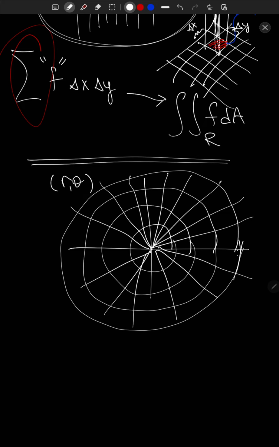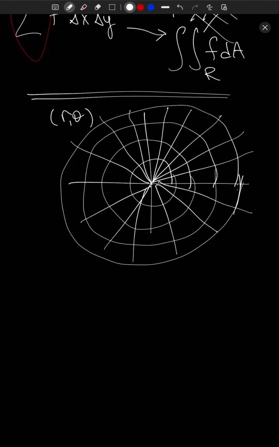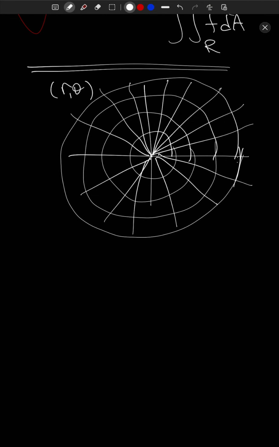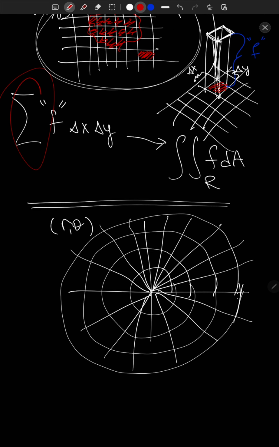So now instead of breaking up our region into small rectangles, we're breaking them up into portions of a circular wedge. The analogy to, for example, this box right there would be this wedge right there.